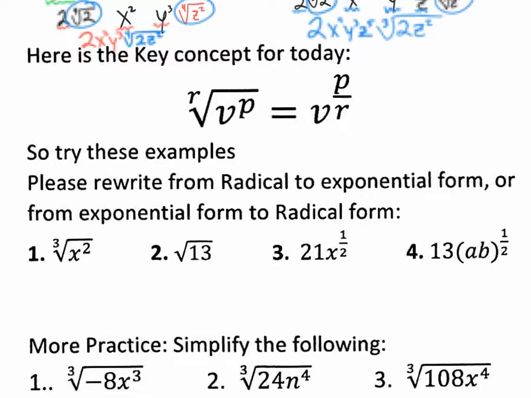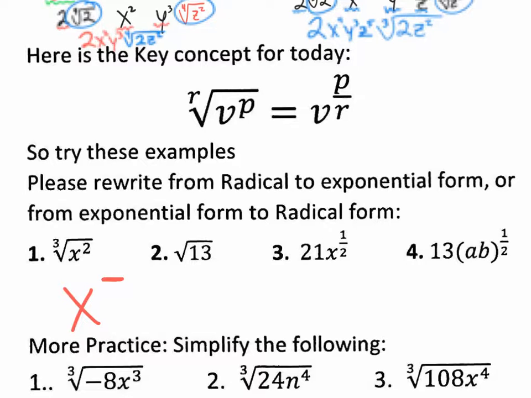So notice the power of 2. Where's the 2 going to go if I change it to this? The 2 is going to go as the numerator of the fraction that's going to be the exponent. Okay, the variable, the base, is going to stay the base. So this x is still going to be x. And the power is going to go up to the numerator of the fraction on the exponent.